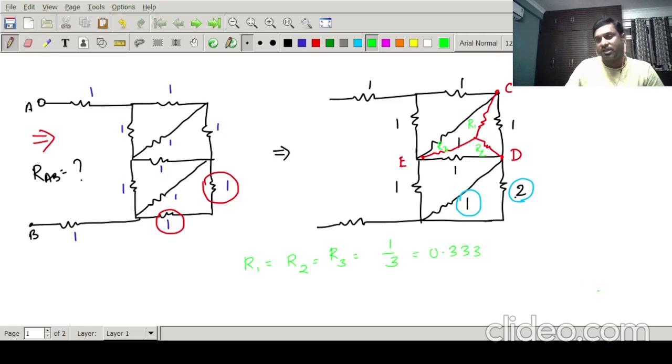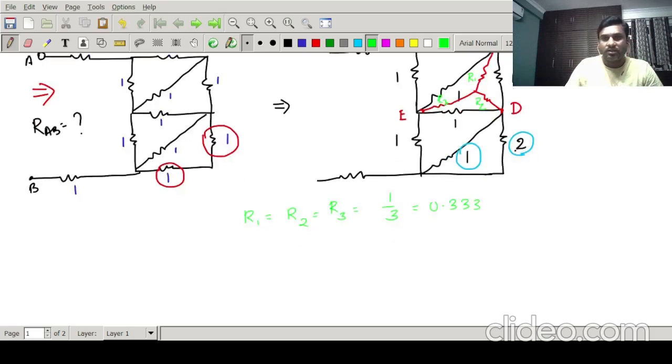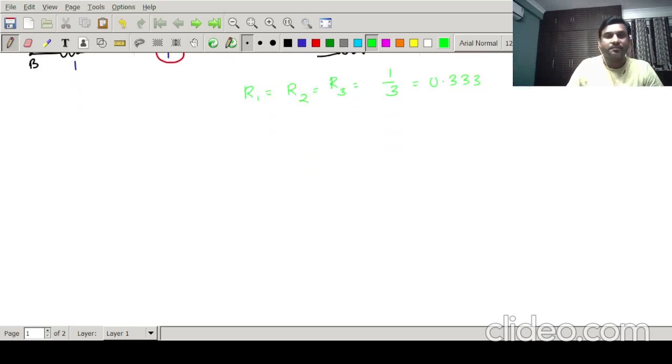In the next circuit, I can make this 2 and 1 parallel, and this delta we are converting into its corresponding star. So let us draw the next diagram.